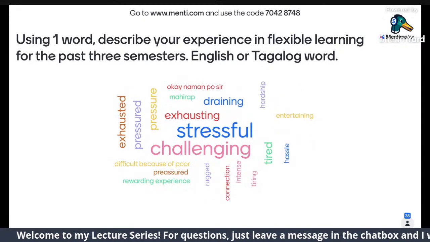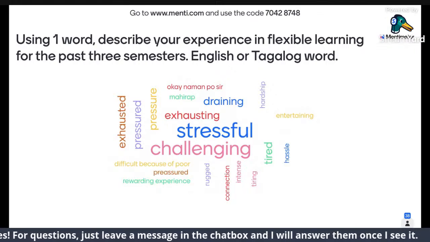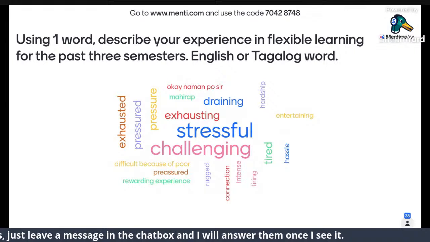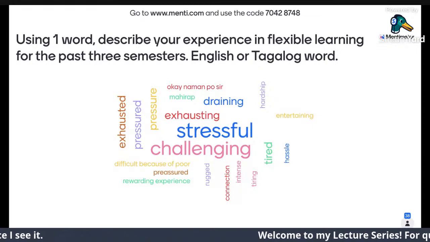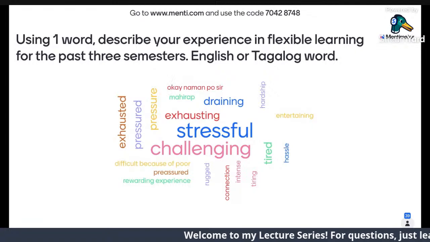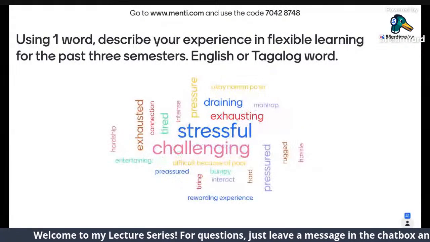Yeah, if you try to look at it, it's also a rewarding experience. Yung mga naunang graduate sa inyo, they didn't experience this. Lalo na yung mga hindi na nag-aaral, they just working, and they are not working sa teaching, so they were not able to experience this.